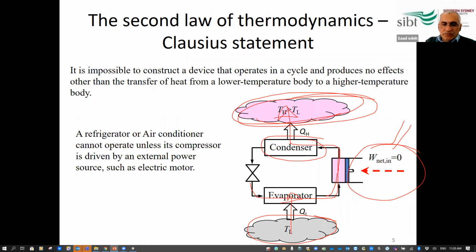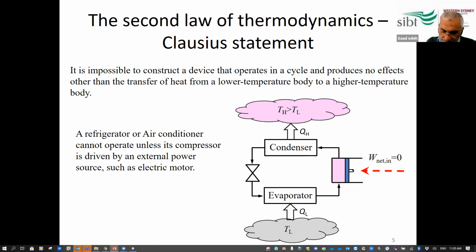This kind of system we call a refrigerator or air conditioner. The air conditioning system operates based on the fact that we are moving heat from the low temperature side to the higher temperature side by using a refrigerant fluid.